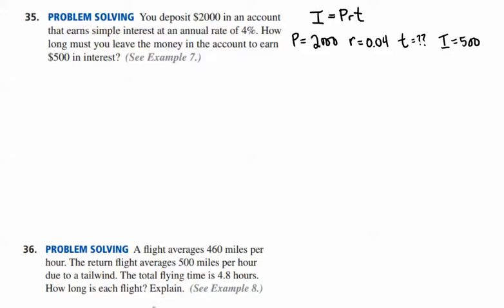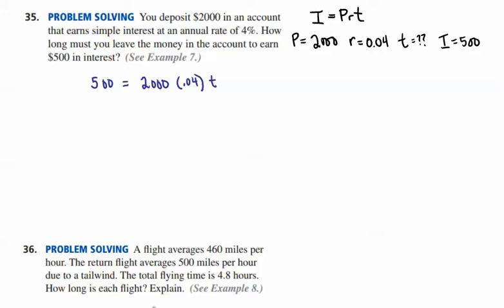Then we're just going to put all these pieces together, and we see that interest, which is 500, is equal to principal, $2,000, times rate, which is 0.04, times time, which is just T. We don't know.